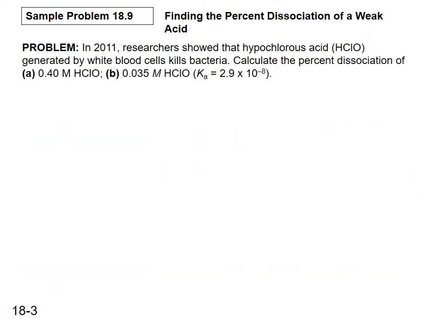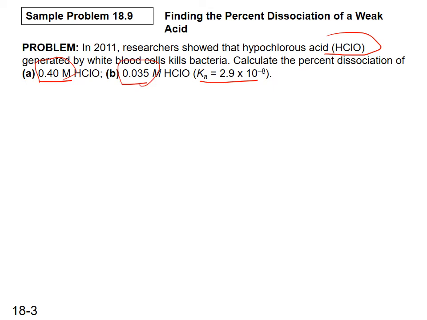In sample problem 18.9, we compare different concentrations of the same acid, hypochlorous acid. The acid constant is 2.9 times 10 to the minus 8. The concentrations are 0.4 and 0.035.